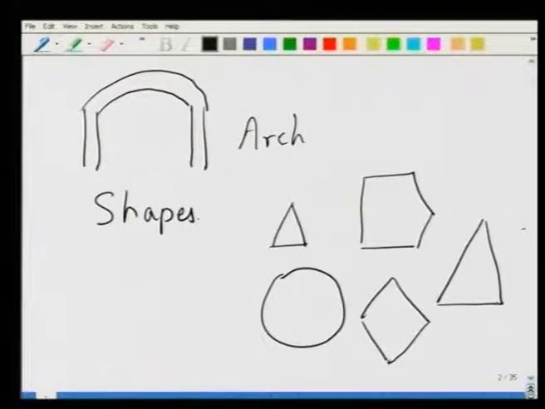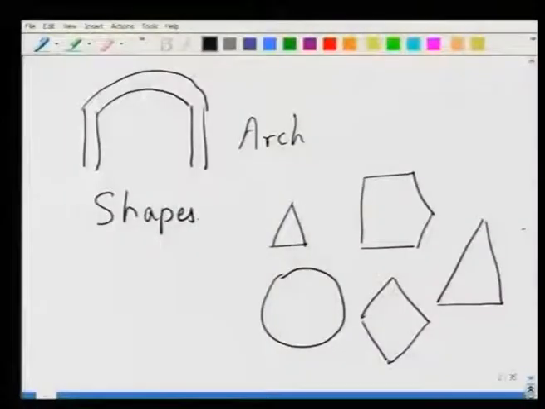Now, suppose I ask the question, how many different kinds of shapes have I drawn? The answer is not 5, the answer is 4, because there are 5 shapes here on the screen, but 2 of the 5 objects are the same shape. The first, the triangle over on the top left, and the last object that I have drawn on the right, they are both triangles. They differ in size, but they are the same shape.